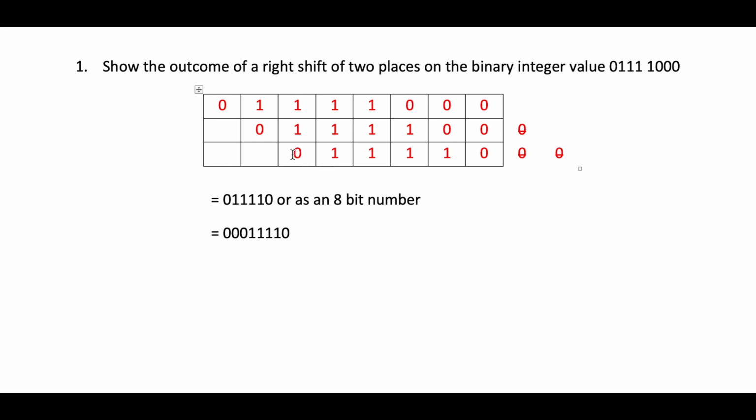So our answer for a 2 shift right is this string of digits here. I've written the number in here as the answer. If you wish to write it as an 8-bit number, then we will need to pad the first 2 zeros to ensure that we're using an 8-bit number.